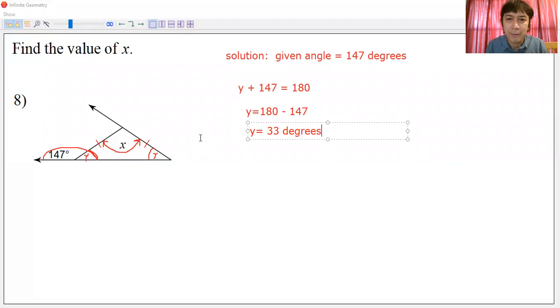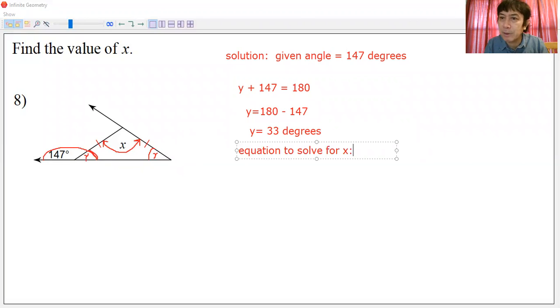Yes. All right. So we're going to make use of this 33. So that means 33 plus the other 33. Remember, there are two angle y's there. So our next equation, this will be our equation to solve for x.